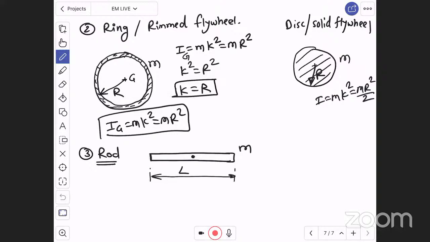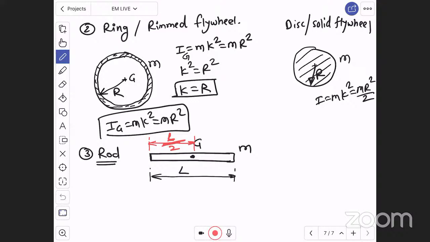The total mass will act at centroid or center of gravity, which is nothing but at L by 2 distance from any one end. For rod, total mass acts at L by 2 distance, right? It is acting at L by 2 distance from both ends.